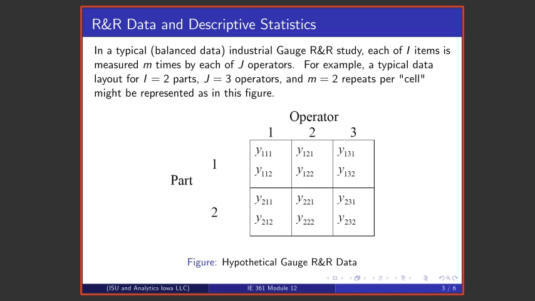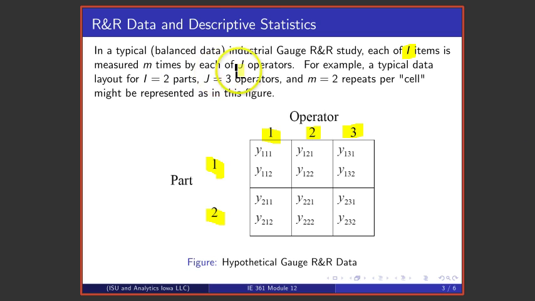A basic standard R&R study typically consists of multiple parts. Here, part 1 and part 2. We'll use the symbol cap I to stand for number of parts or items involved in the study, measured by some number of operators. Here we're imagining that there are 3 operators involved.